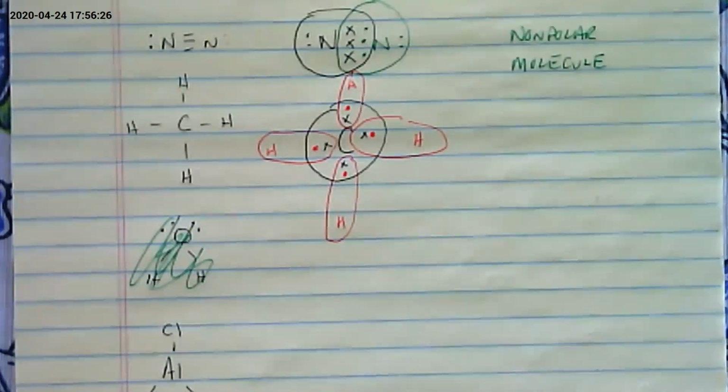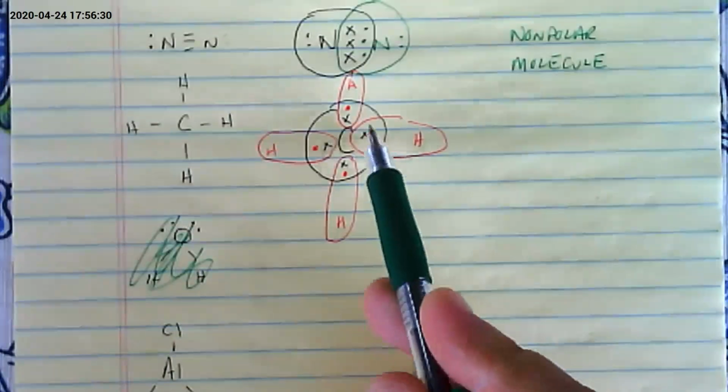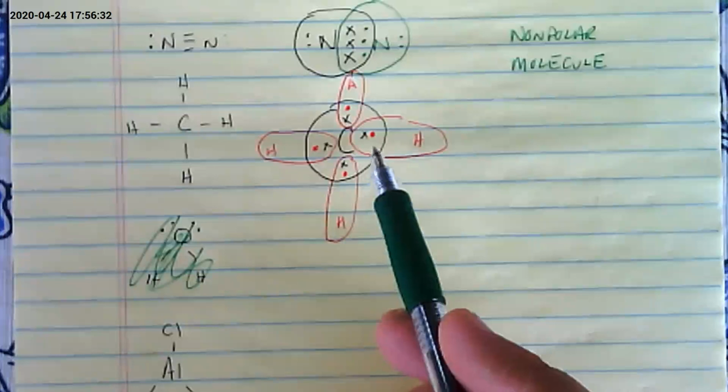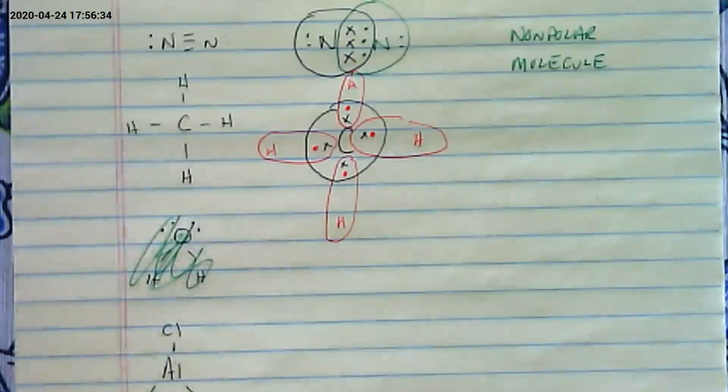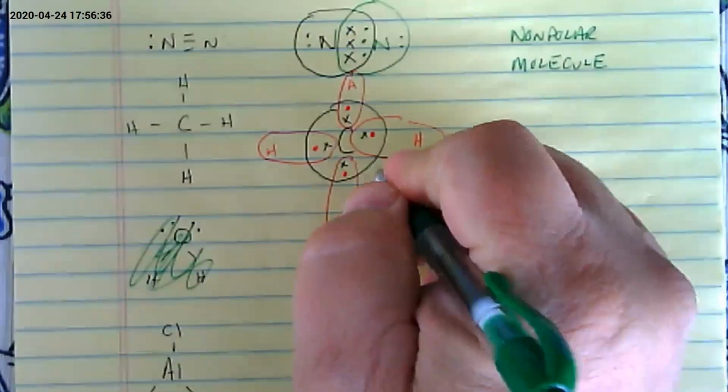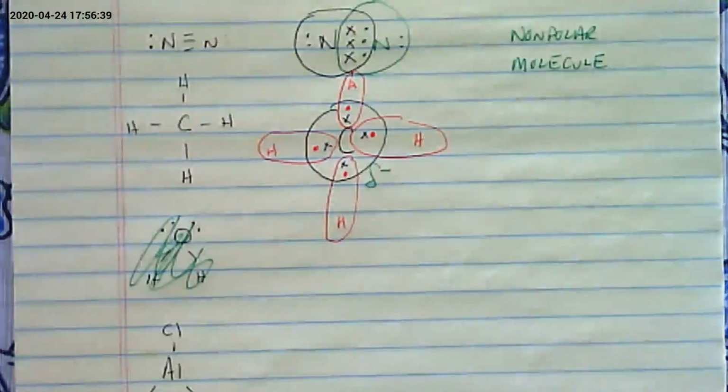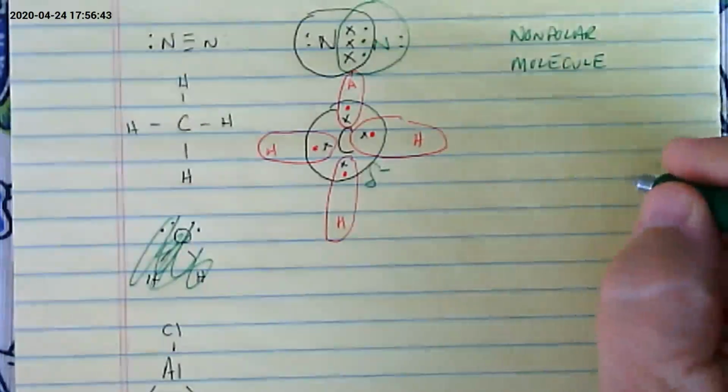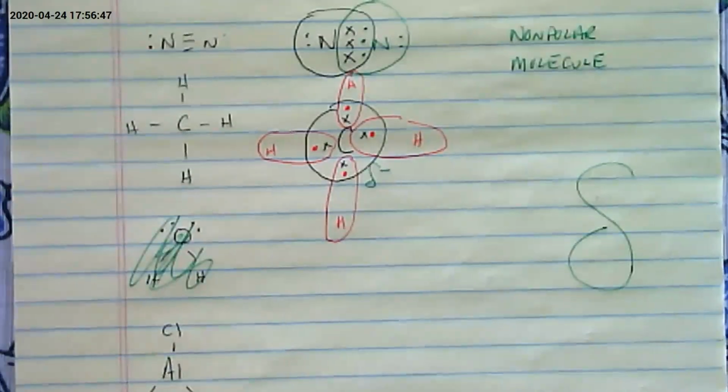Now, why is that important? It's this. Since the electrons are closer to the carbon, the carbon is going to become more negative. So we have what's called a partially negative area around the carbon. Now you see that symbol I just wrote? I'm going to write it really big. It looks like this. Okay? Looks like a fancy S. It's a Greek symbol.